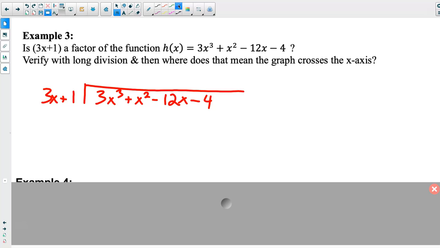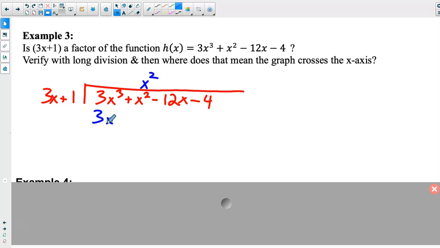X squared. I like x squared. X squared times 3x gives me 3x cubed, so it's good. It's perfect. Very nice.